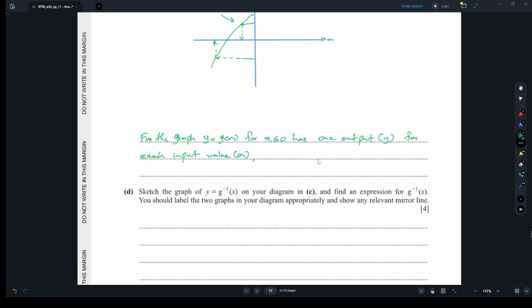So therefore this is one-to-one function under this condition.